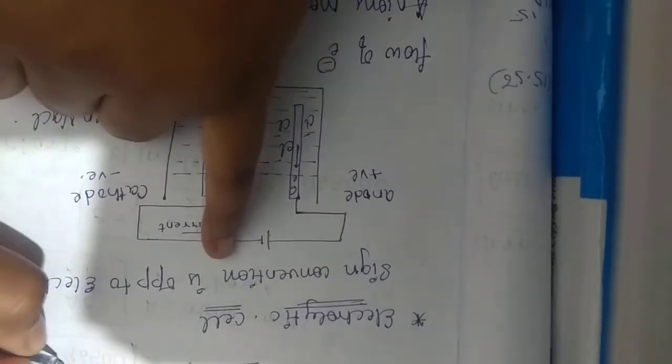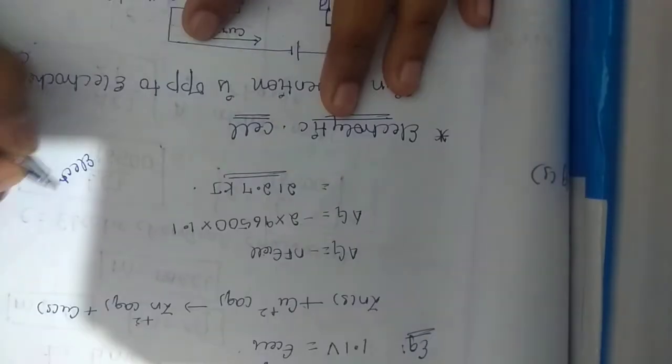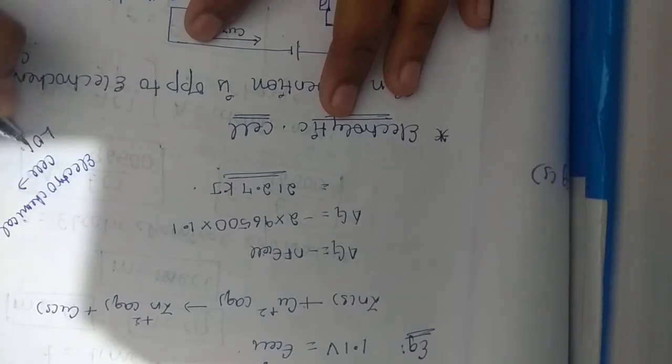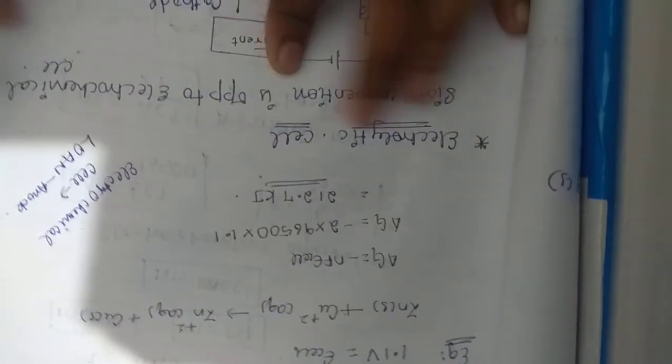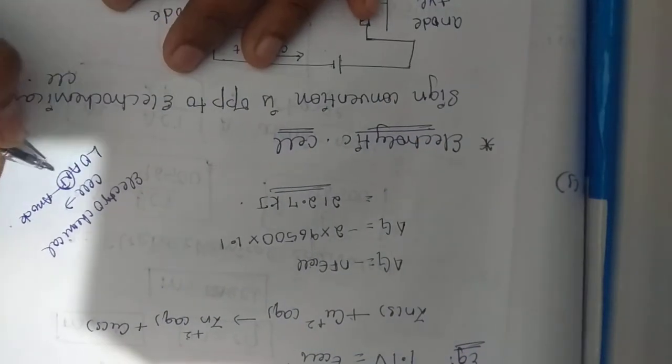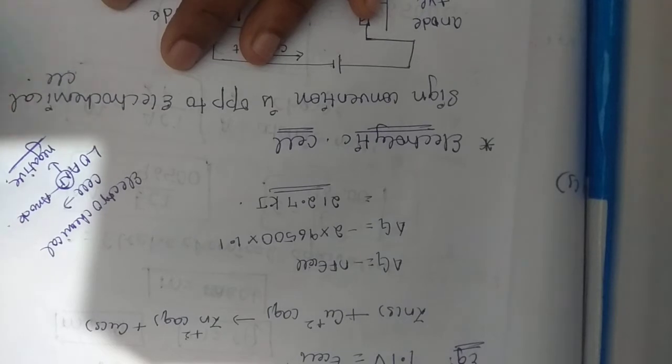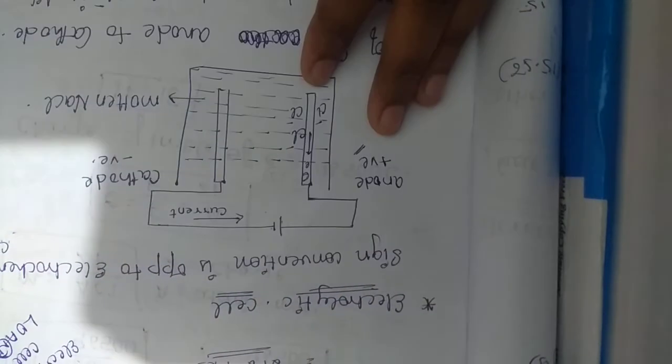Fine. Now, what are the sign conventions that you have seen for electrochemical cell? In electrochemical cell, the thing we have seen is lone for anode, right? Lone for anode. Here N is what? Negative. Now in electrolytic cell, anode becomes positive.